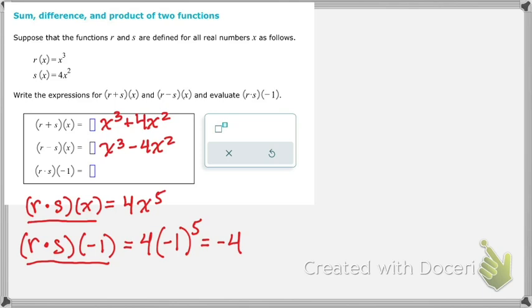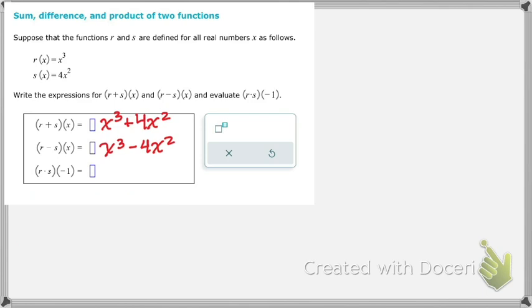And then I'm going to look at another way of approaching it. The other way is to do r of -1. So I'm plugging a -1 into this function r.